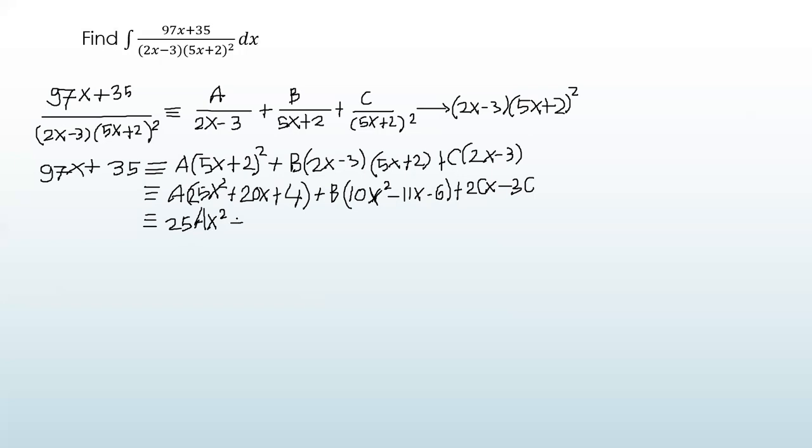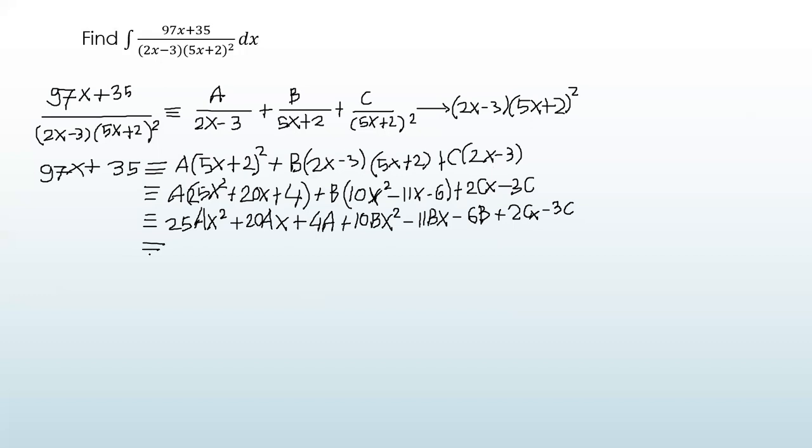Afterwards times 20, it becomes 20ax, times 4, 4a. b times 10x squared, 10bx squared, b times minus 11, minus 11bx, times minus 6, minus 6b, plus 2cx minus 3c.